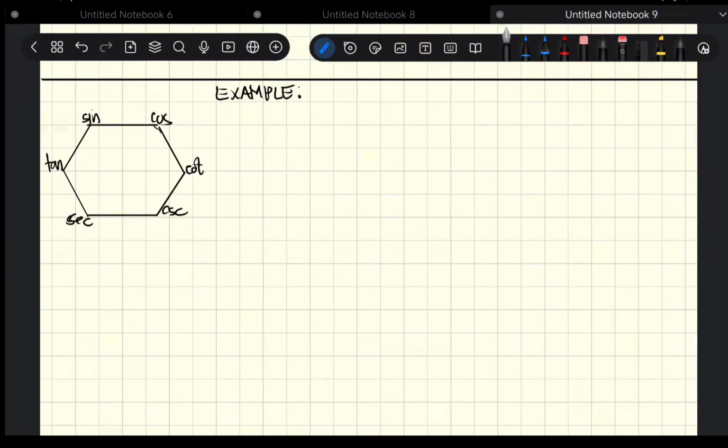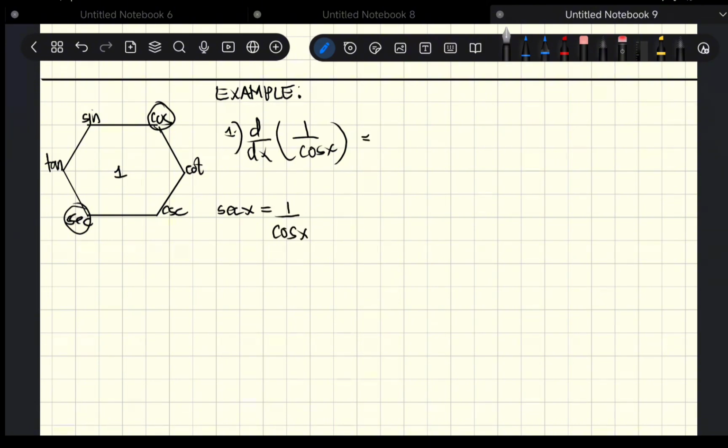Let's answer this example. Number 1, the derivative of 1 all over cosine x. Remember our hexagon here, since we have 1, and we have secant and cosine, since they are opposite, secant x is equal to 1 all over cosine x.